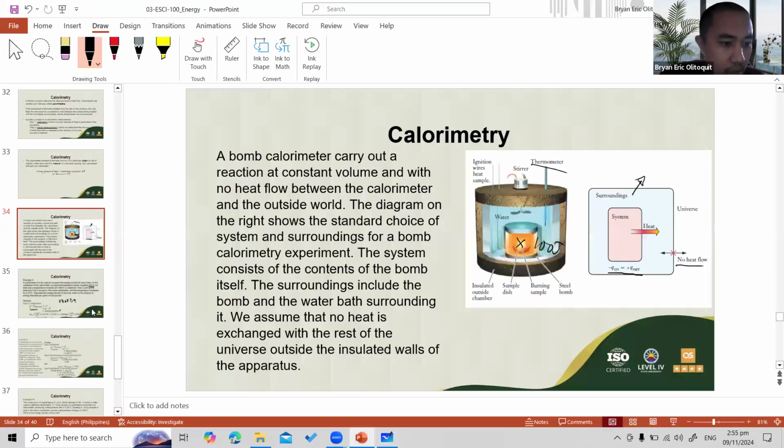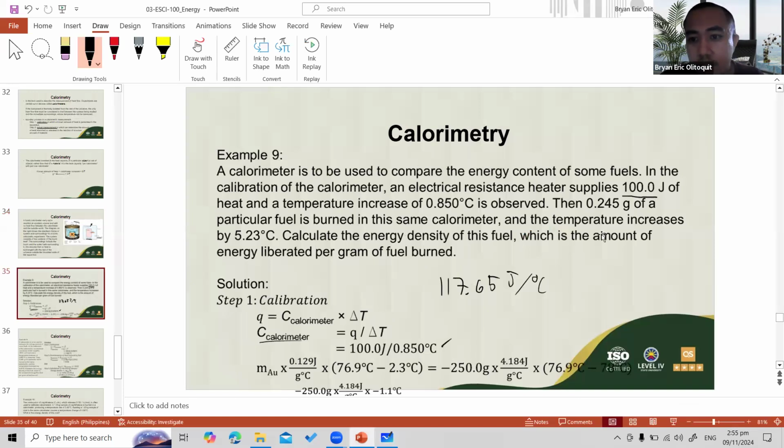So going back to our problem, sabi dito, then 0.245 gram of a particular fuel is burned in the same calorimeter. So this one, itong sinunog na to, is already the one burned in the system. Siya yung nandoon mismo sa under observation, kumbaga.